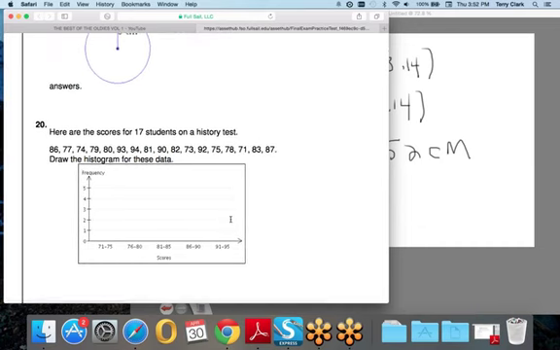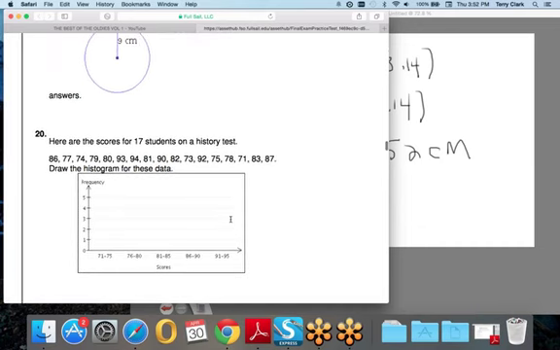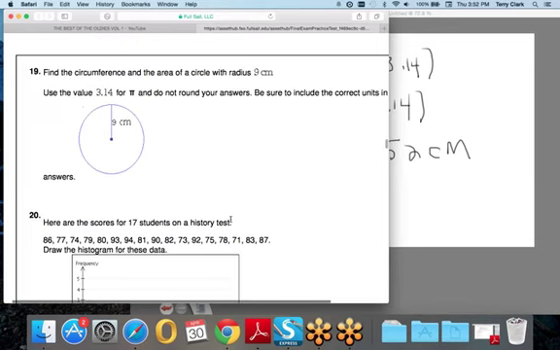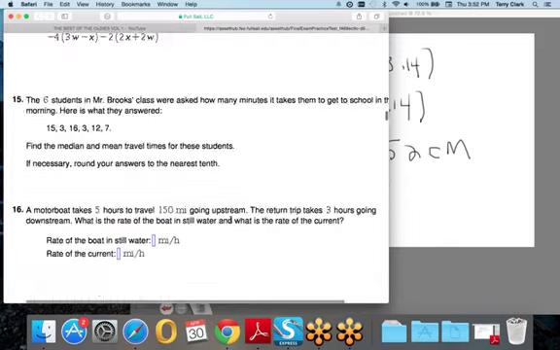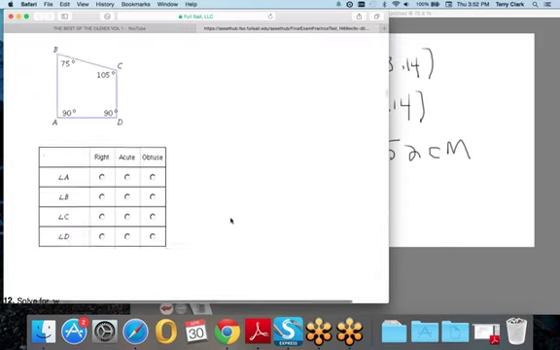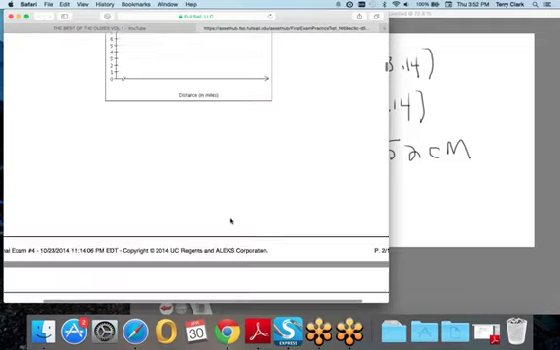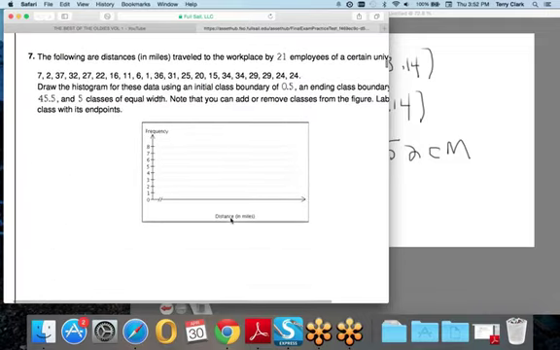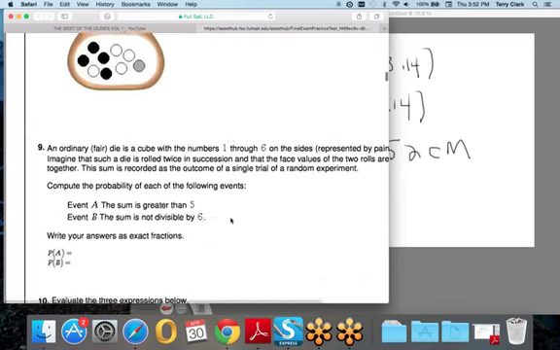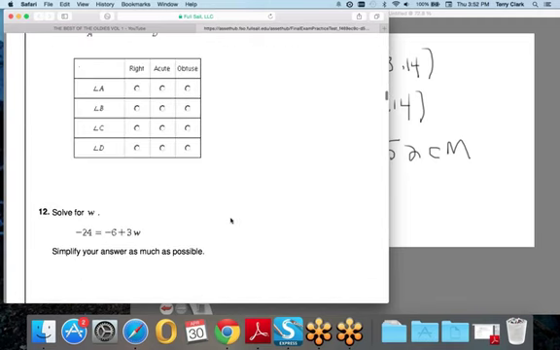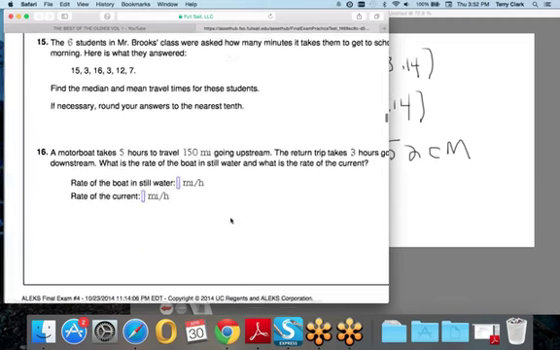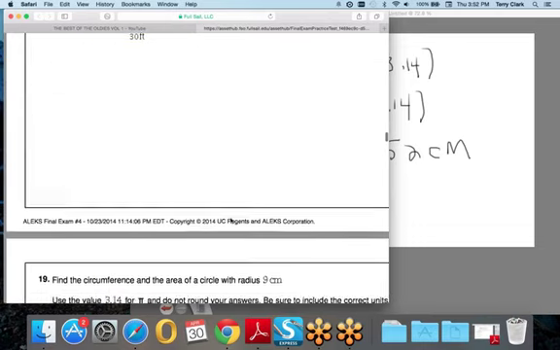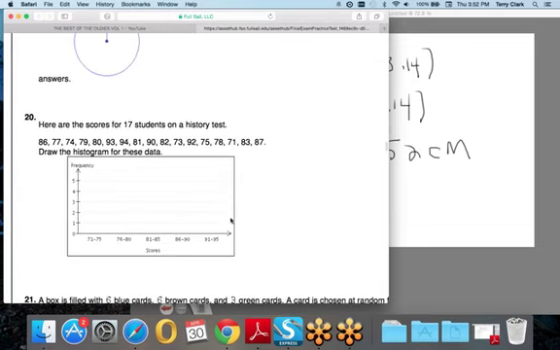All right, so let's see. For 20, they're wanting us to draw a histogram again. They have the intervals at the bottom for us. 20 is going to be done much like 7 was, except we don't have to find our intervals. All we have to do is tally up the frequencies.